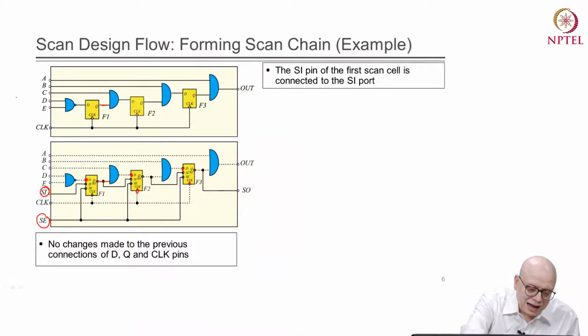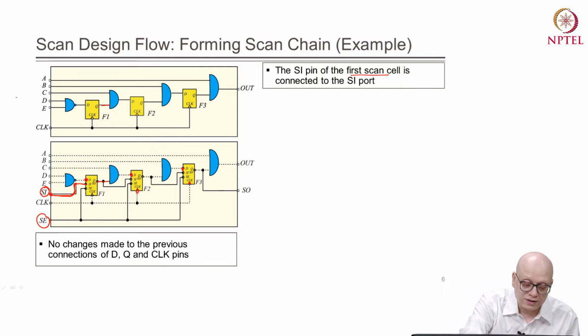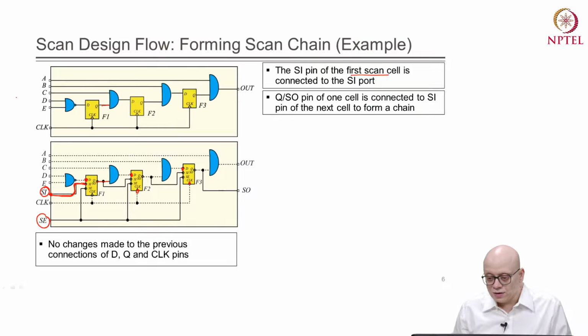Now, from the scan input port that we created, we take a net or wire and connect it to the SI input pin of the first scan cell. So, the SI pin of the first scan cell is connected to the SI port. This connection is made. Okay. Then what is done?